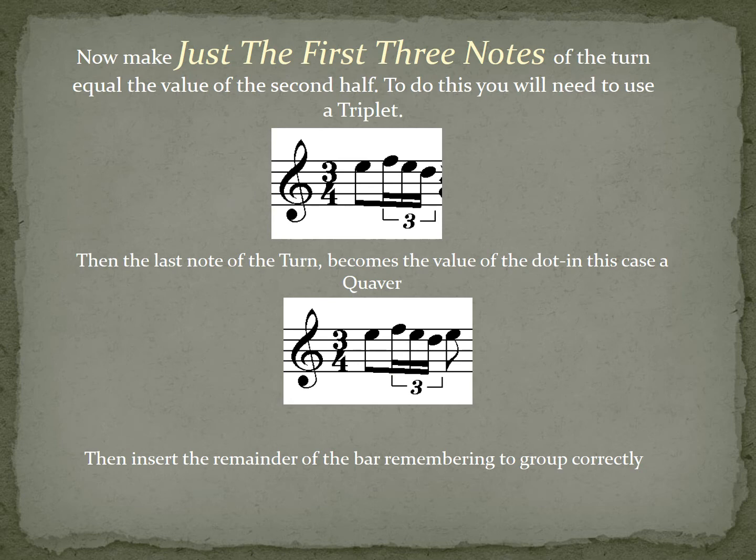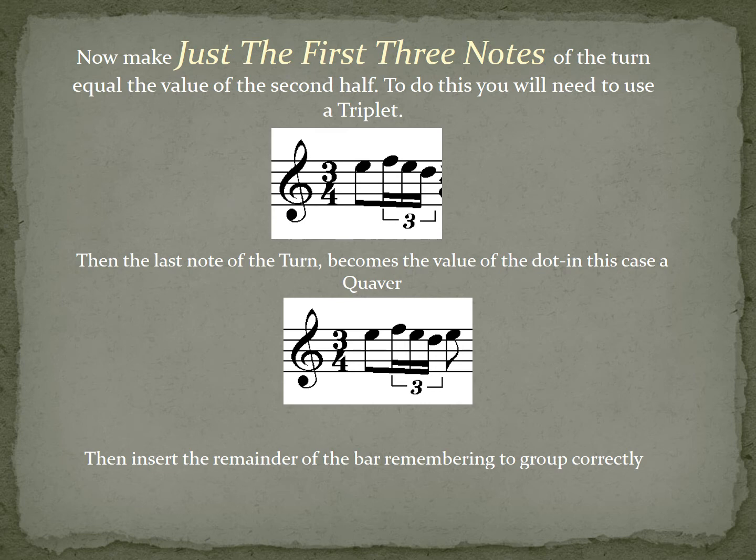Okay, so in the first example we can see the E quaver, and then we've split it into 2 imaginary halves to beat the crotchet, and we put the first 3 notes, the F, the E and the D, to equal the second half. Now as you know from your rhythm structures, we can't get 3 equal notes in simple time to make 1 whole beat, so therefore we have to use a triplet.